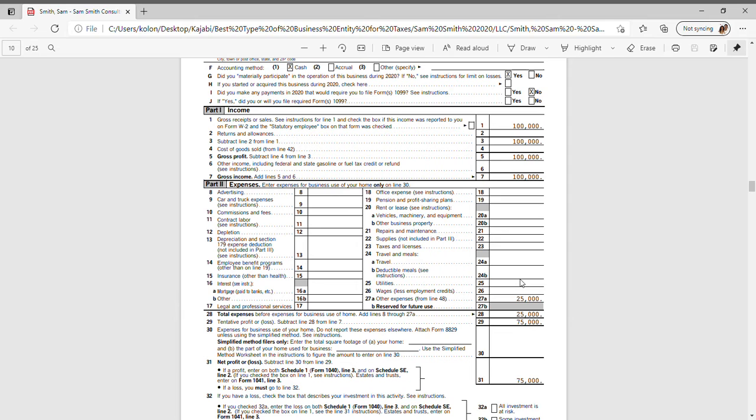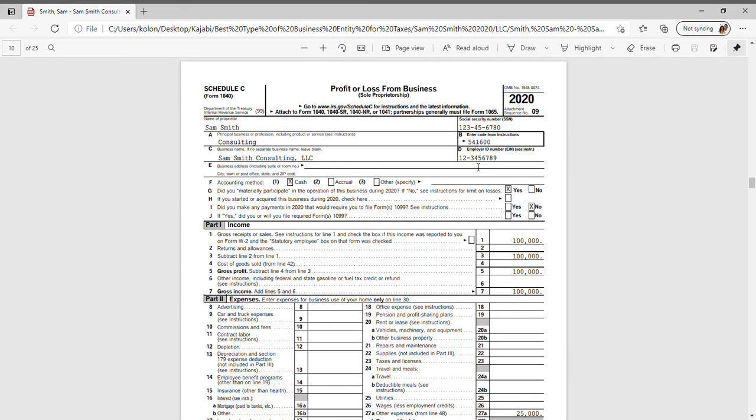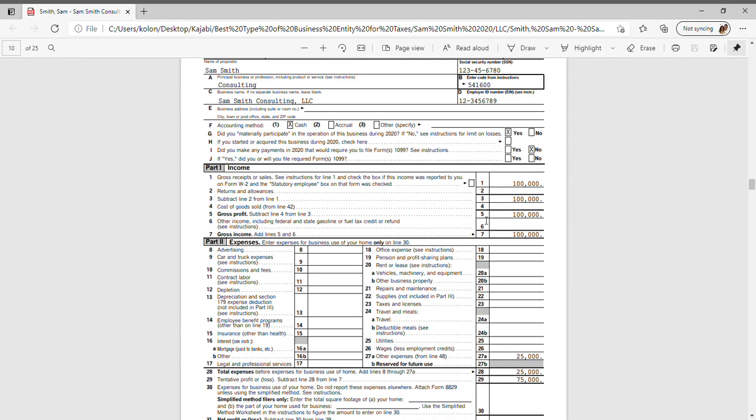But again, we just want to keep it simple, keep it plain, have the $25,000 worth of expenses. So what we do with that is we say, okay, he had $100,000 worth of revenue, then he had $25,000 worth of expenses. So that gives a profit of $75,000, and that's for the business. So that's what, again, Sam Smith Consulting LLC did for the year related to the business.